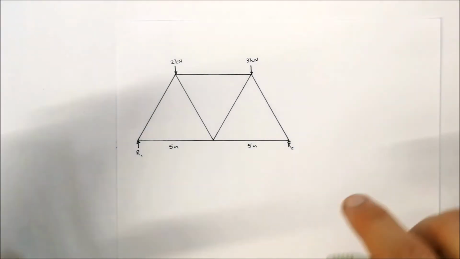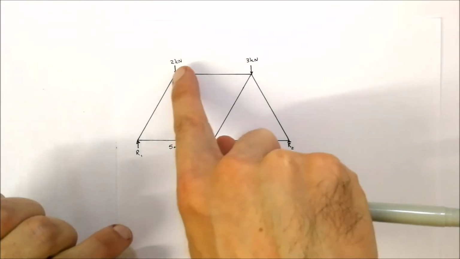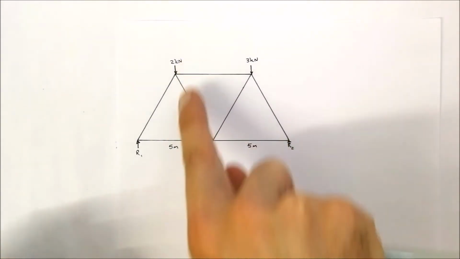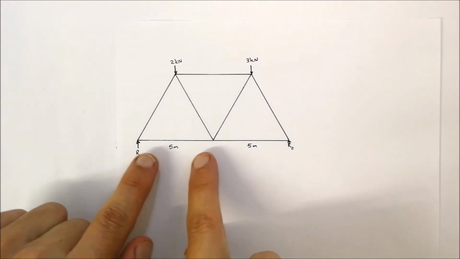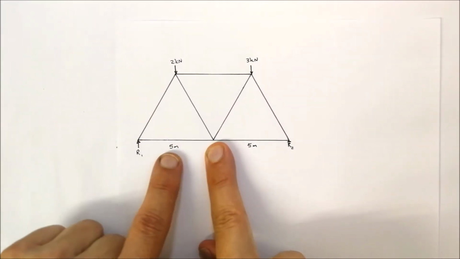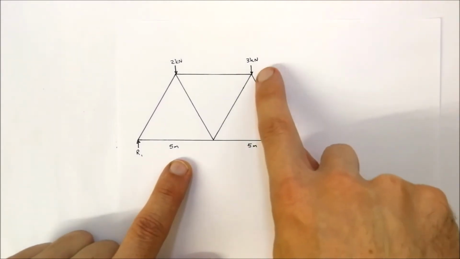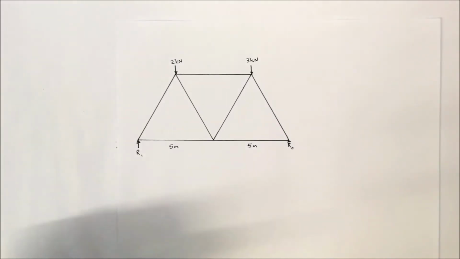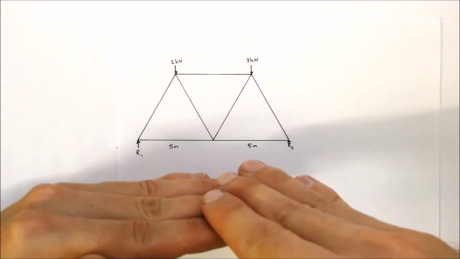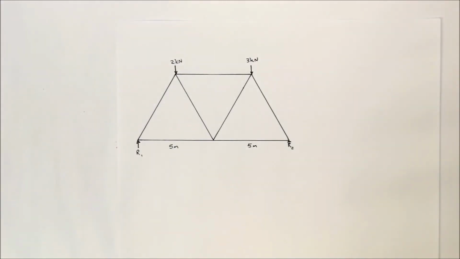So you'll see when we do the calculations, we've got a force acting of 2 kilonewtons over there. We know it's in the center of this 5 meter piece, so that 2 kilonewtons is 2.5 meters away from R1. And at the same time, we've got the same for the 3 kilonewtons away from R2. So we're just going to squash it together and make it as if there's nothing in between over there.